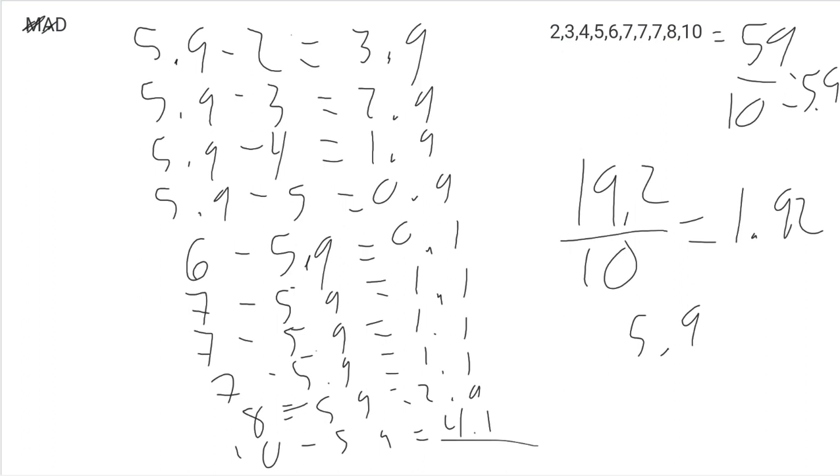So if I add 1.92 to that, I get 7.82, and then I take 5.9 and subtract 1.92 to get 3.98. If you are in this range, we would consider you normal. So from here to about here, these people answered are, quote, normal.